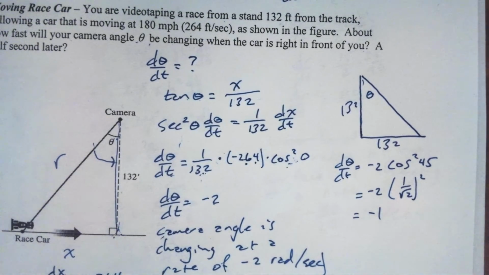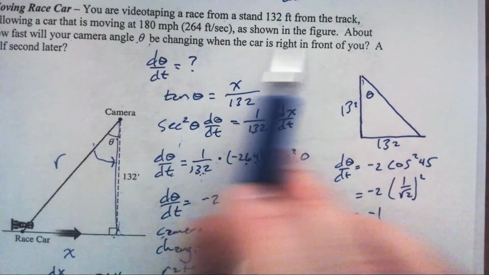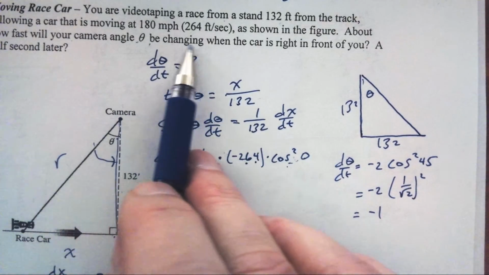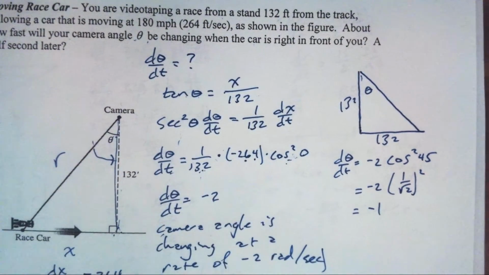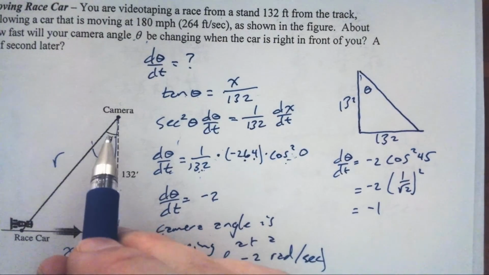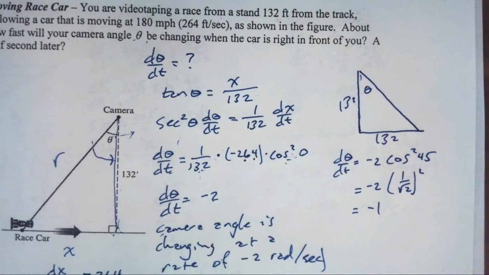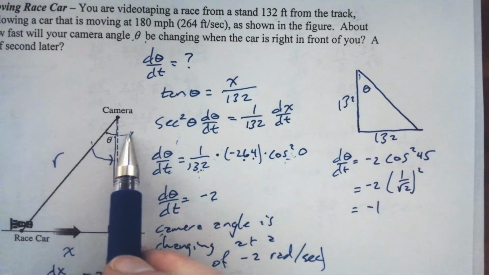Let's interpret the question. About how fast is your camera angle theta changing when the car is right in front of you, and a second later still changing. So theta is still changing if we consider it's moved into the negative. That would be an interesting one to talk about, but it's still going in the same direction.